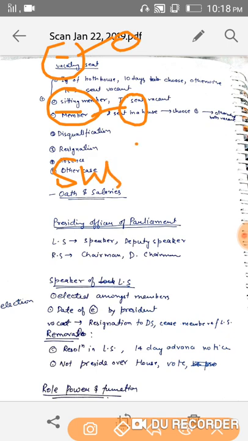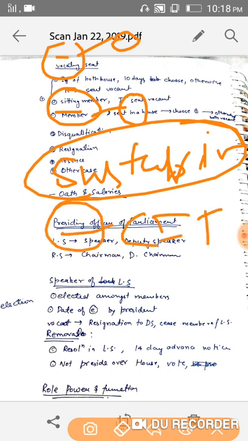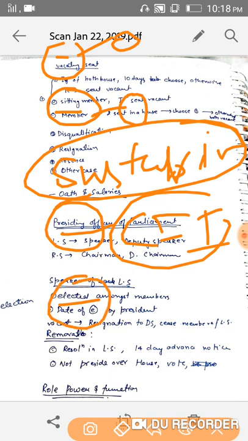Now this is a very important point. On a substantive motion he can be discussed, and he can only be removed by a resolution passed. His salaries are charged on the Consolidated Fund of India. Then he has the power to regulate order and business decorum. He is given a very high position, equivalent to the Chief Justice of India.